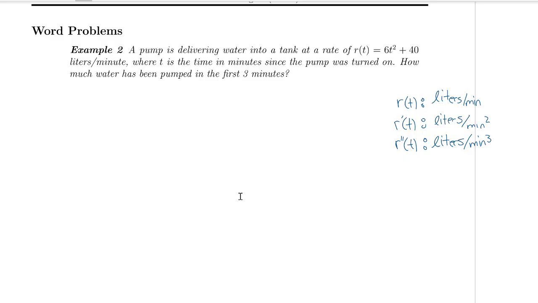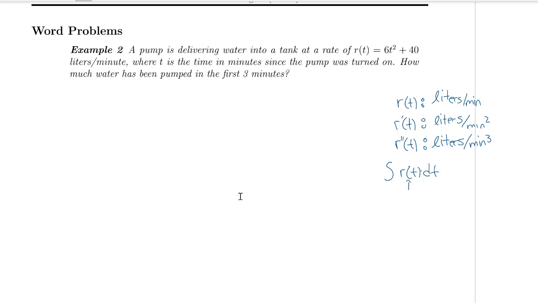So we're pretty sure that it probably has something to do with integration, and it turns out there's a quick way to check the units of integration. This notation is actually multiplication between r of t, which represents the height of our function, and dt, which represents the width of our infinitely thin rectangle.